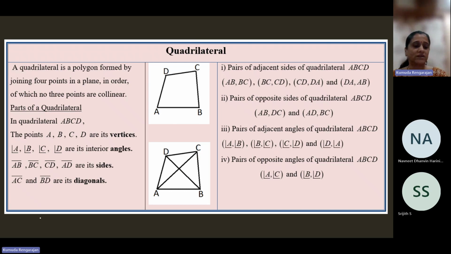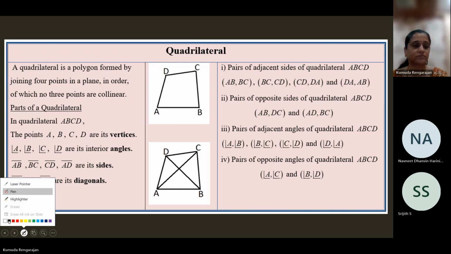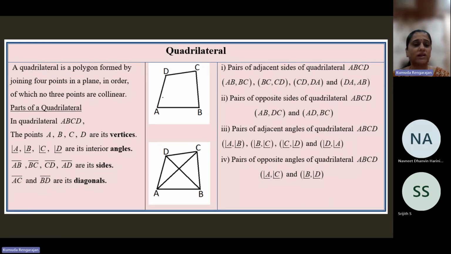In the quadrilateral ABCD, the points A, B, C, and D are its vertices. Then angle A, angle B, angle C, angle D are the interior angles.